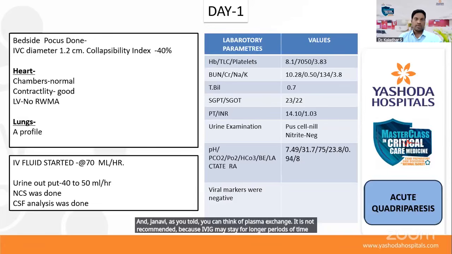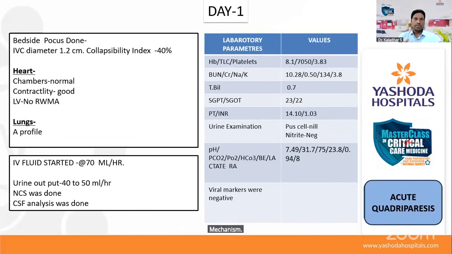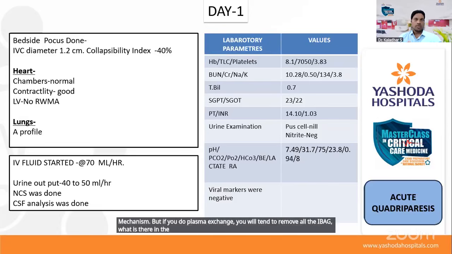Sometimes the effect may not be immediate, but over a period of time the patient may improve because of the IVIG mechanism. But if you do plasma exchange, you will tend to remove all the IVIG that is there in the patient's system. So generally, it is not recommended after IVIG. If the patient is not improving, you should not do plasma exchange. And generally, repeating IVIG is also not recommended, generally up to 2 weeks.